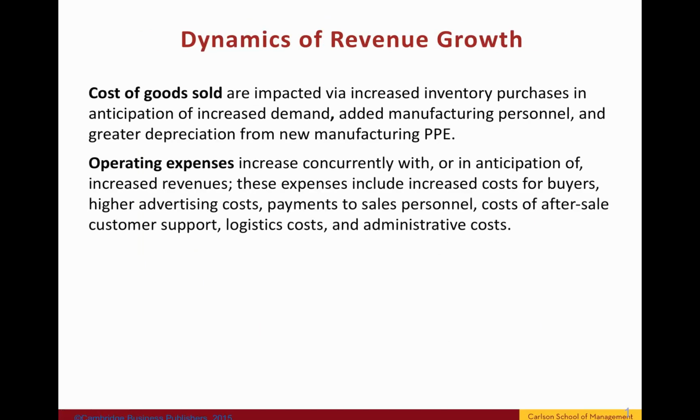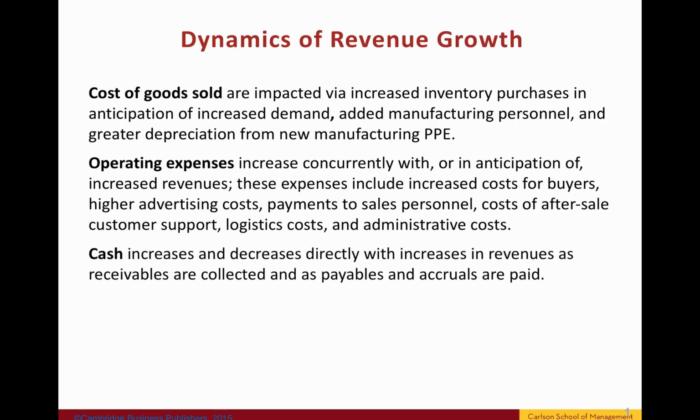When we're looking at our cost of goods sold and our operating expenses, I'll go through these pretty quickly, but we just want to make sure that we're taking in the considerations that we talked about before in terms of making sure that they are increasing in line with our expected revenue growth.